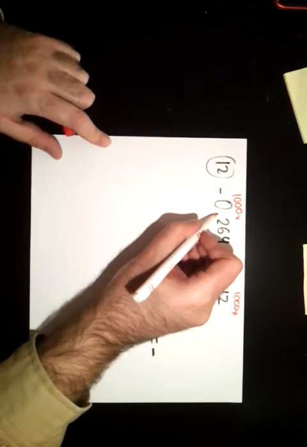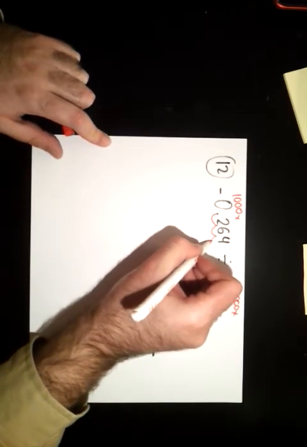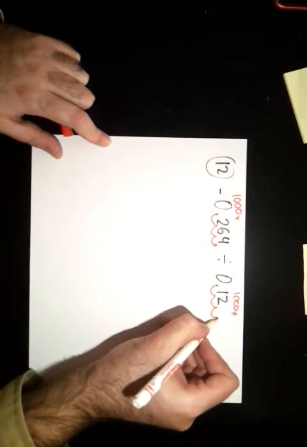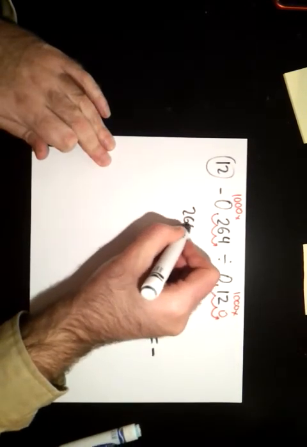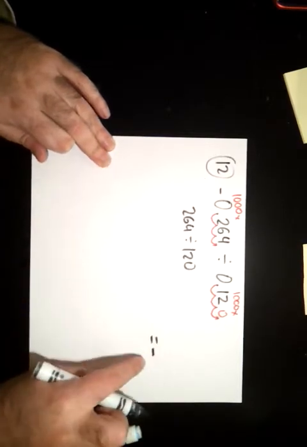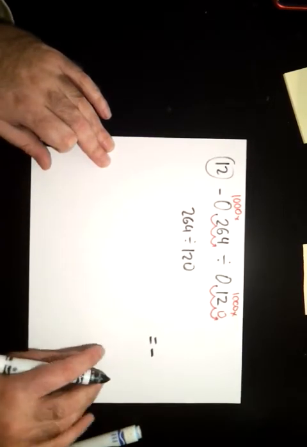When I multiply by 1,000, it's the same thing as having my decimal move 3 places. Here it's going to move 3 places too, and I'm going to add that 0. So at the end, what I have is 264 divided by 120. Again, I'm ignoring the sign because I already figured out my answer has to be negative.